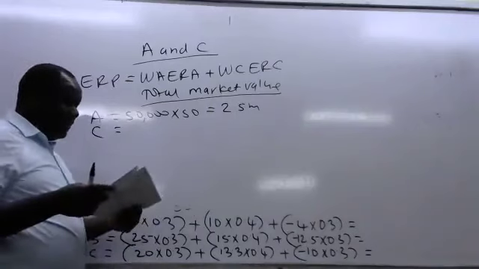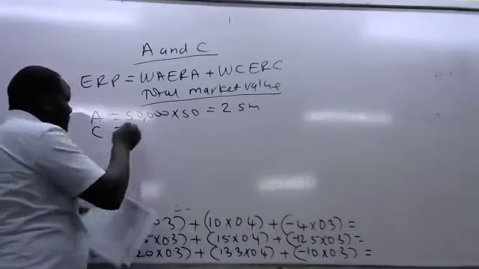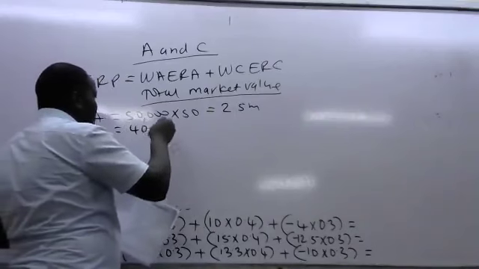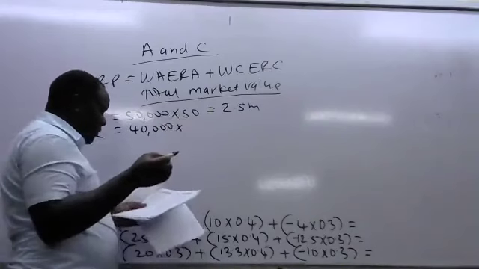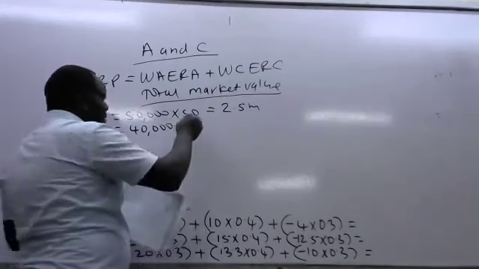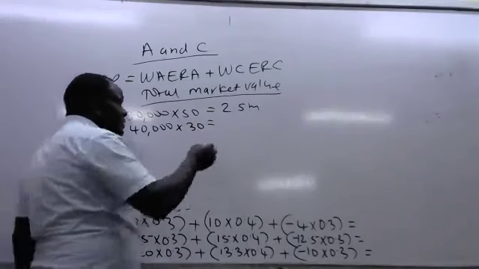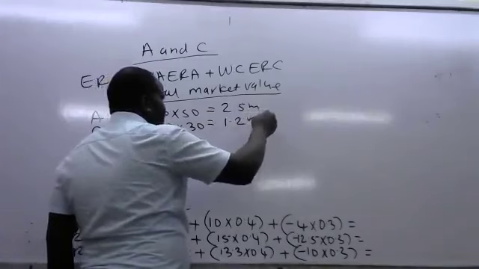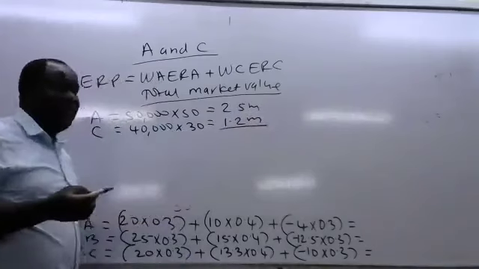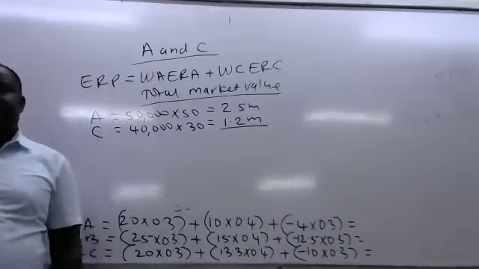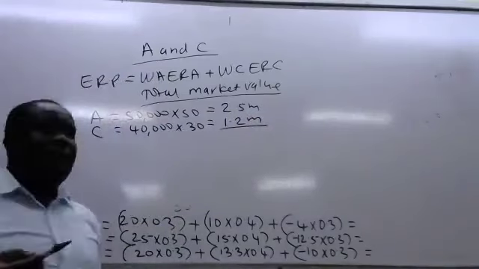But now we factor in C. So C, they gave us how many shares? 40,000 shares. The price per share has been given as 30, so that we also get the value. 1.2. So when you add them together, they should give us which? 3.7.